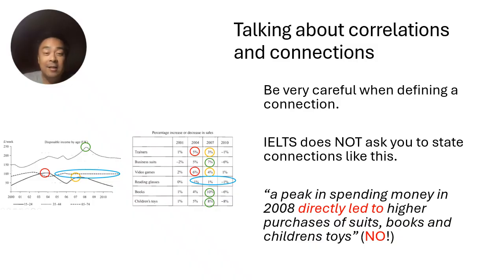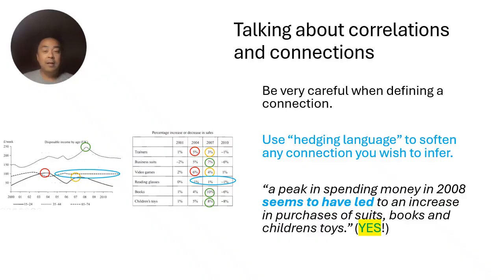Now, in this case, it looks like there's a strong correlation, but you don't want to say that a peak in spending money in 2008 directly resulted in higher purchases of these 3 items. No, no, no, no. The chart doesn't tell you that. What you can do, if you want to suggest it, is use hedging language like might, could, likely, probably.